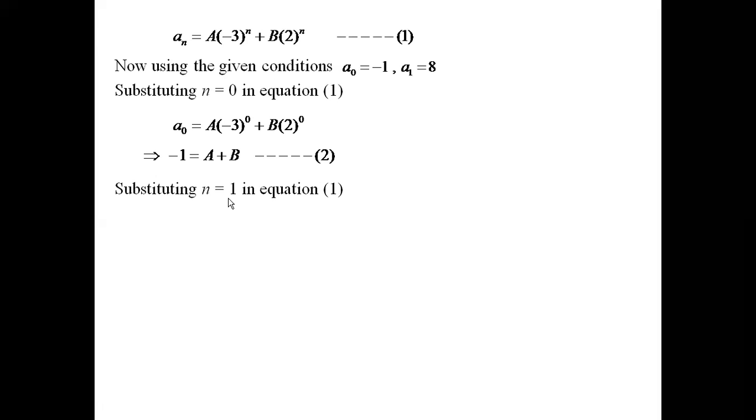Now we take n = 1 in equation 1 so that I can substitute the a_1 value as 8. We get a_1 = A(-3)^1 + B(2)^1.